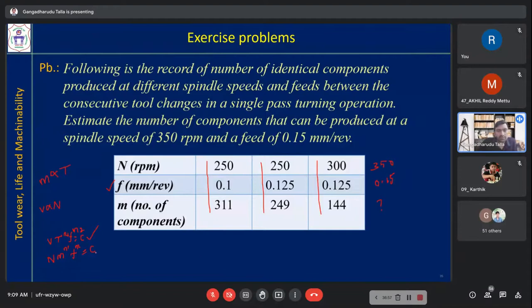We have modified it, not modified, you can still write V equal to pi d power n, but pi d are all constants, you can strike those out. So this is another version of the same equation. Find out n1, n2, and C values by using these three data, whatever is given.